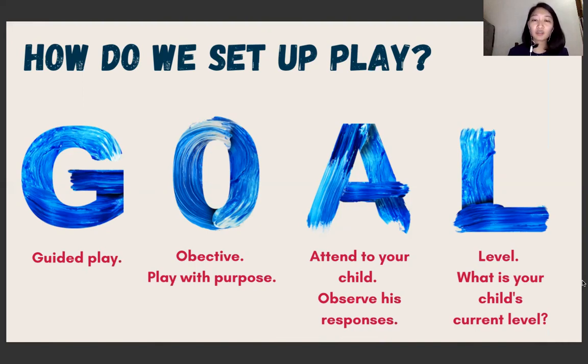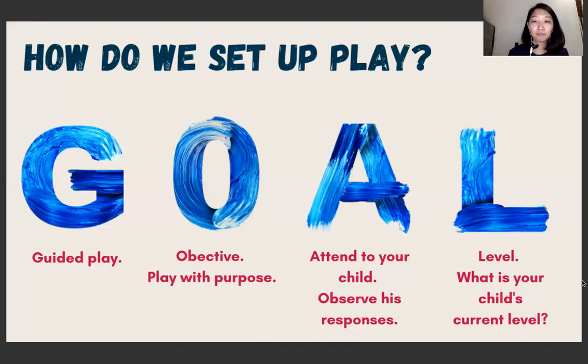Having an objective gives us a clear path and allows us to plan and organize the materials that we would be needing to facilitate and achieve these objectives. Remember, these objectives should be realistic. Let us not rush nor push through skills that we know our children are not developmentally prepared for yet.